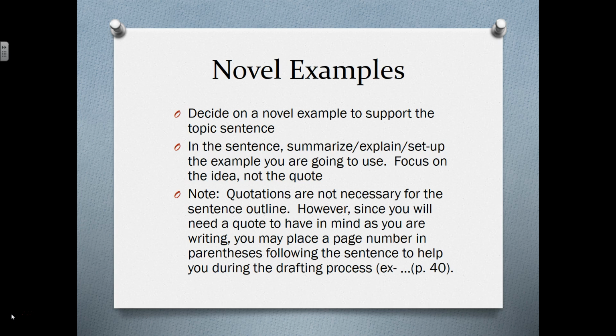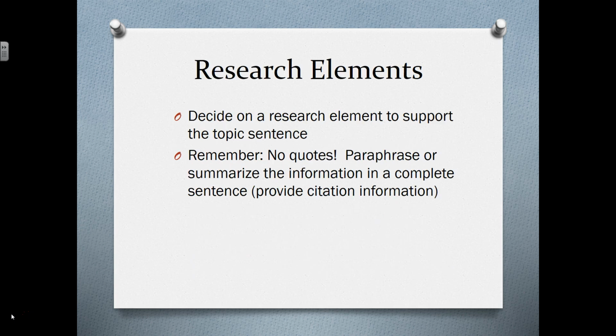Again, this is not a requirement of the sentence outline. You will not lose points if you don't do this. But follow the idea that if I put in a little bit of extra work right now, it's going to save me some trouble later. So it's a strong suggestion, but again, it's not a requirement. Okay, now for the research elements, again, no quotations, and really and truly, you shouldn't have direct quotations for your research.